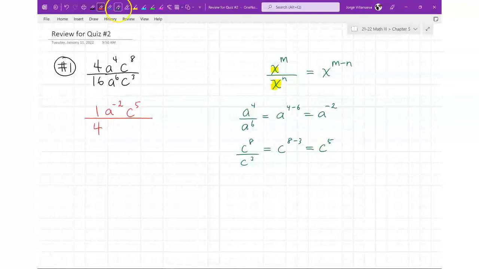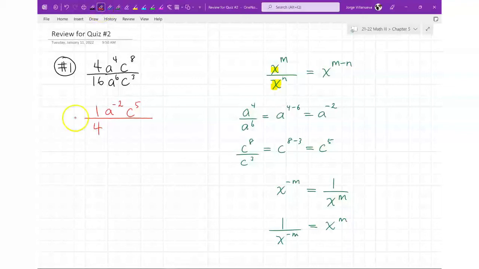Again, that is another property they're hoping you remember, which basically says if you have x to the negative m, that's the same as 1 over x to the m. Or if you have 1 over x to the negative m, that's the same as x to the m. So the negative power moves it up or down, okay?